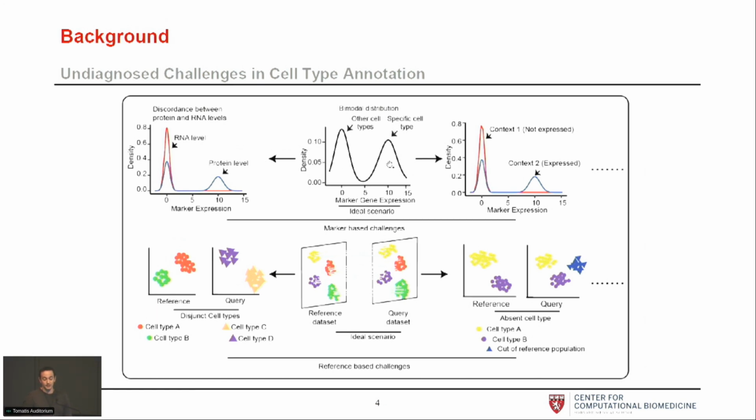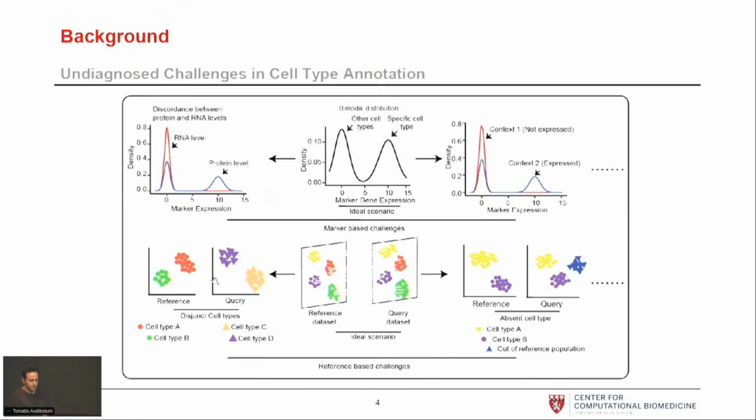In an ideal scenario, you would get what you have here in the middle, which is a bimodal distribution for the other cell types and then the specific cell type. This is a clear indication that you have a marker gene. But this is an ideal scenario, and it's not always the case. Something else that can happen is if you have a condition: if you have cells under different conditions, the RNA expression might differ.